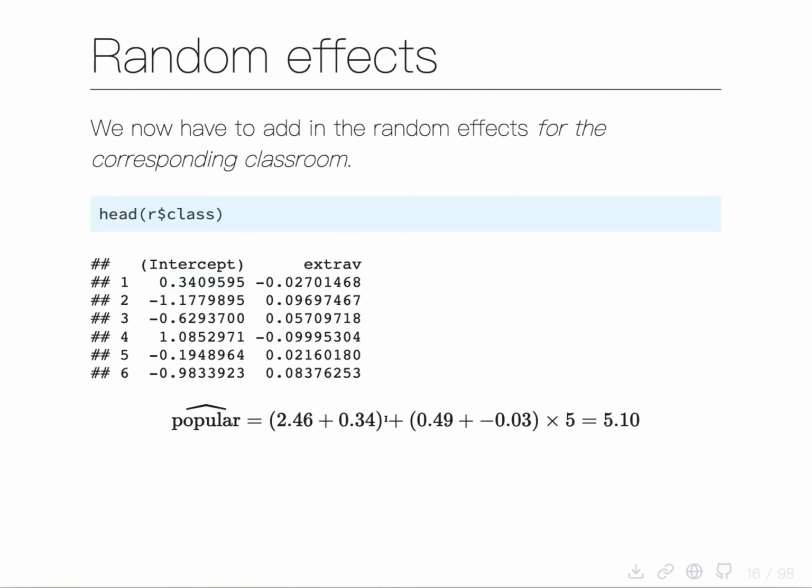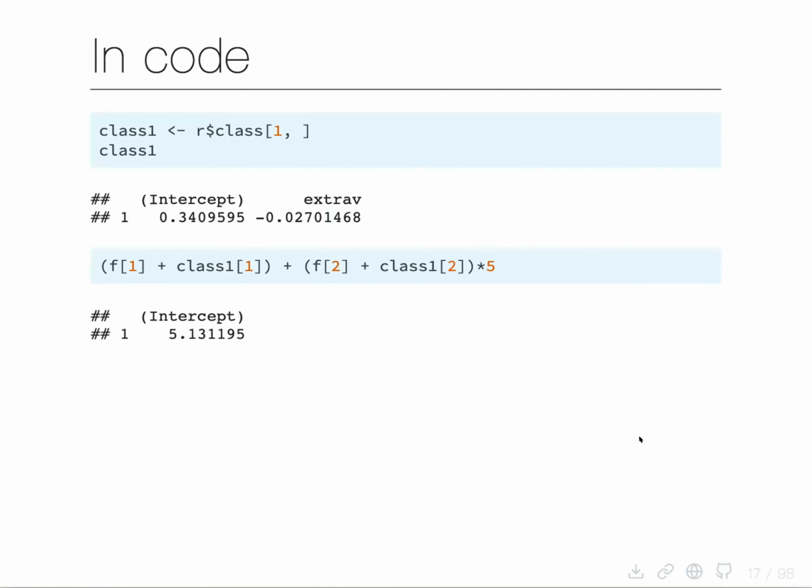And then we say plus 0.49, the overall slope, plus a negative 0.03, because that is the slope for this classroom. Okay, and then we multiply that by 5 because that's what the student's extroversion score was. And we get 5.10.